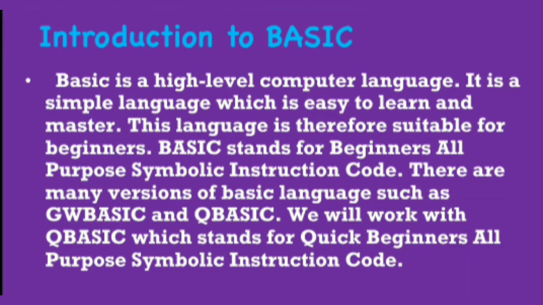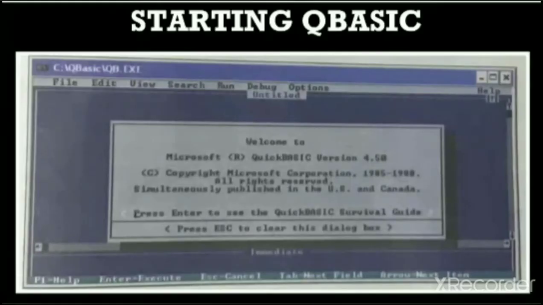There are many versions of the Basic language such as GW Basic and QBasic. We will work with QBasic, which stands for Quick Beginners All Purpose Symbolic Instruction Code. To start QBasic, click the qbasic.exe or qb.exe file in your computer.